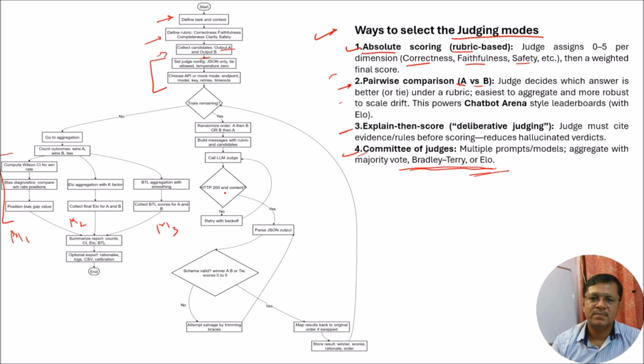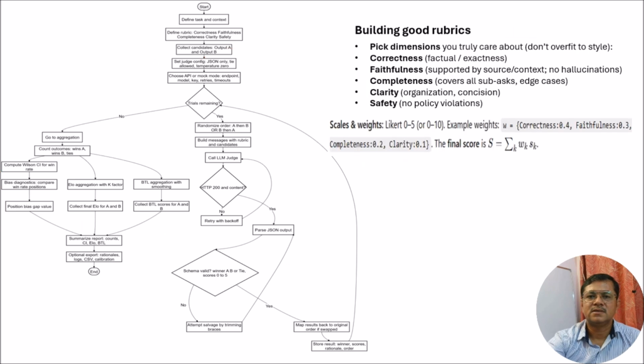We call the LLM, and if the LLM works fine, then we parse the JSON output and check that the schema is valid. Then we calculate the scores, like 0 to 5 under each rubric, and provide all the details, which come here for final evaluation. So this is the process.